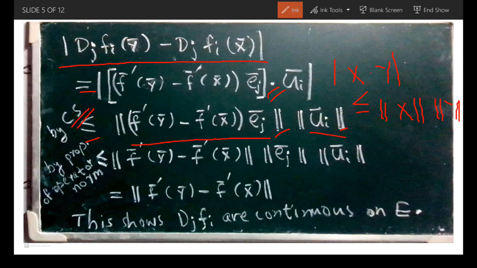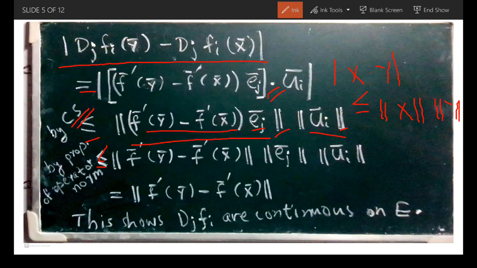Now again, this is less than or equal to, use the inequality norm of A of x less than or equal to norm A into norm x for a linear transformation A. So here I have the linear transformation f dash of y minus f dash of x applied to the vector ej.